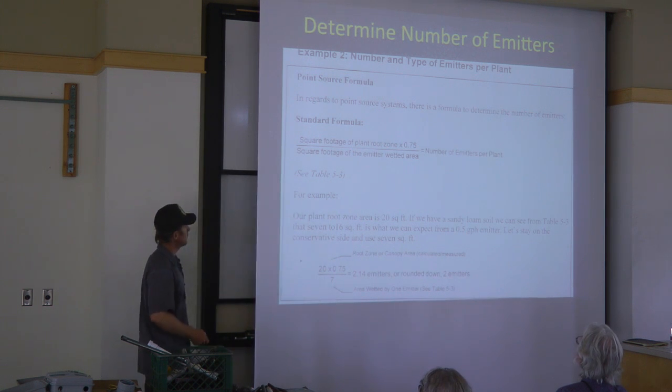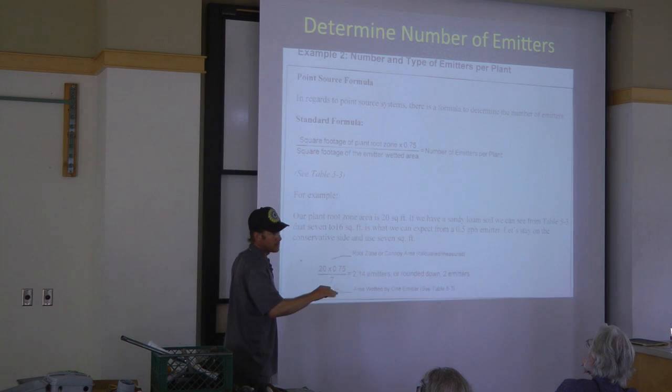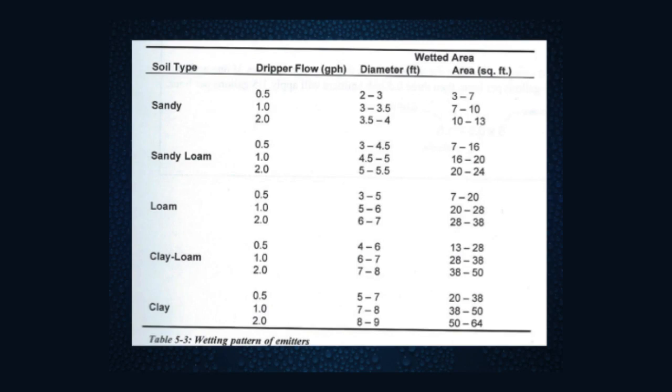Square footage of the emitter wetted area. That gets back to your soil type. Don't worry, it's right there. We're going to get to it in just a minute. And in this case, I determined 5 square feet because it's a sandy soil. Let's go here first before we do that math.